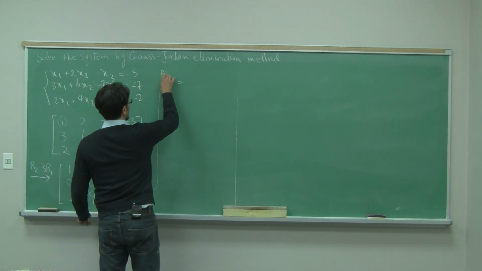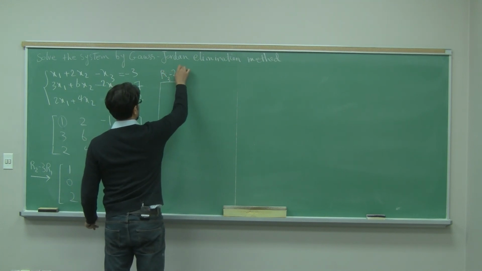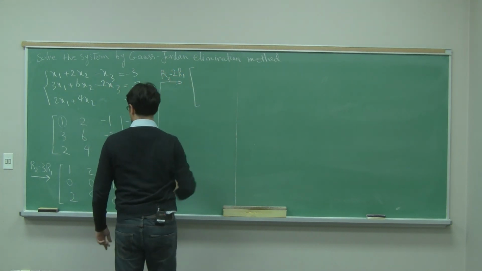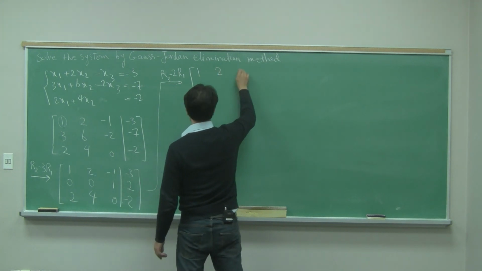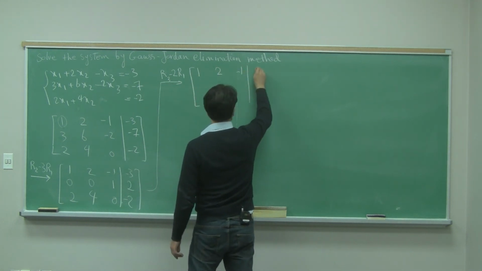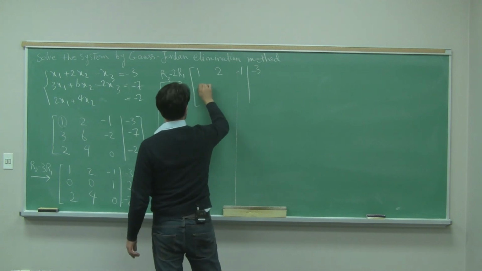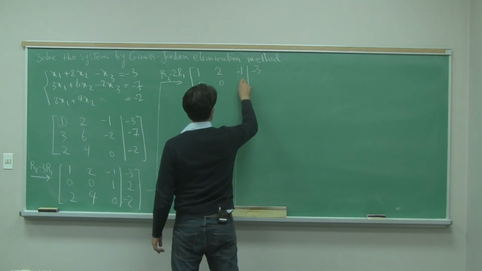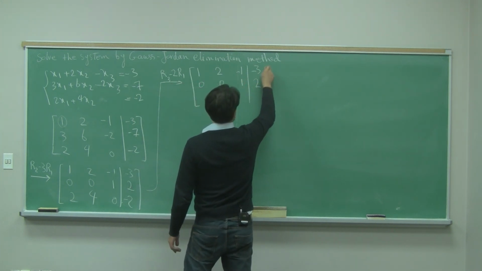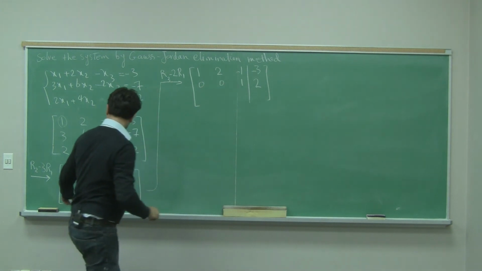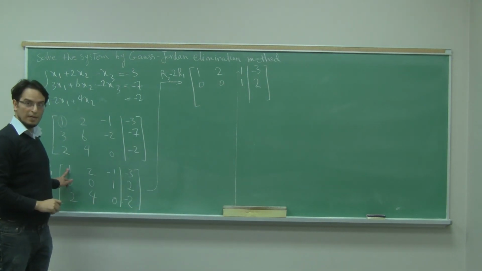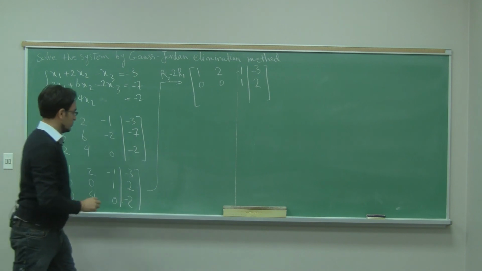So row 3 minus 2 times row 1. I will keep row 1, I'm not changing that, so I write that. Row 2 is there. And then for row 3, multiply row 1 by -2 and add it to row 3.